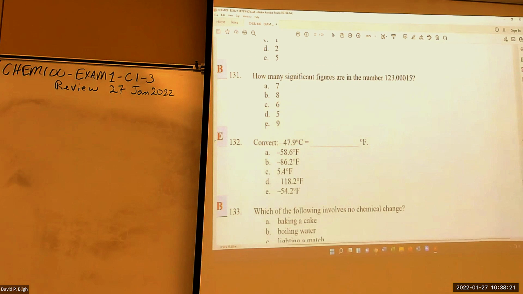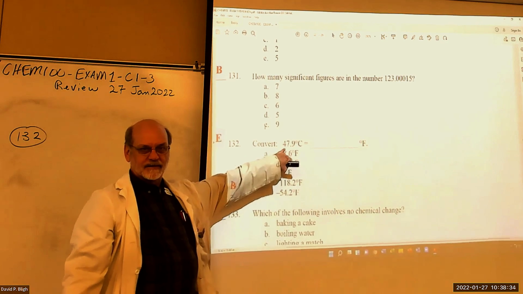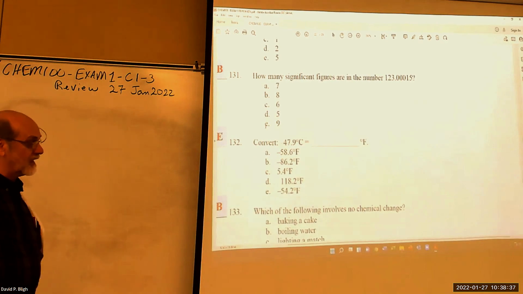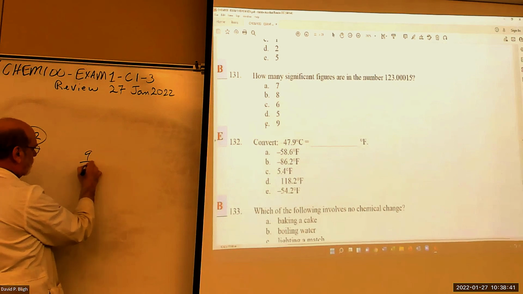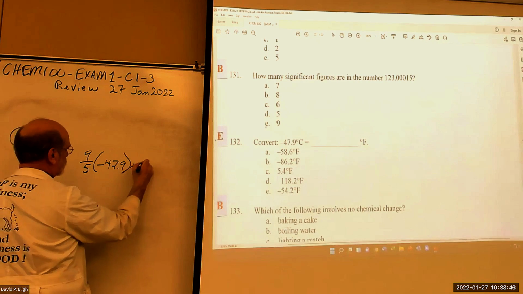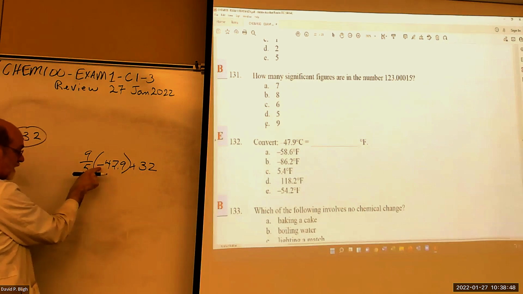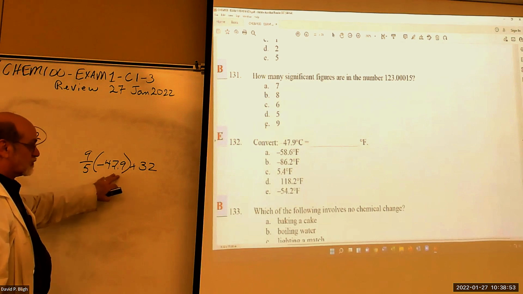Here we go. Convert minus 47.9 degrees Celsius to Fahrenheit. We've already done one like this. What I would say to watch out for with this one is that negative sign. Be sure you take that into account, because when you plug it into that formula, minus 47.9 plus 32, if you forget that negative sign, then you're going to maybe add it to 32 instead of subtract.